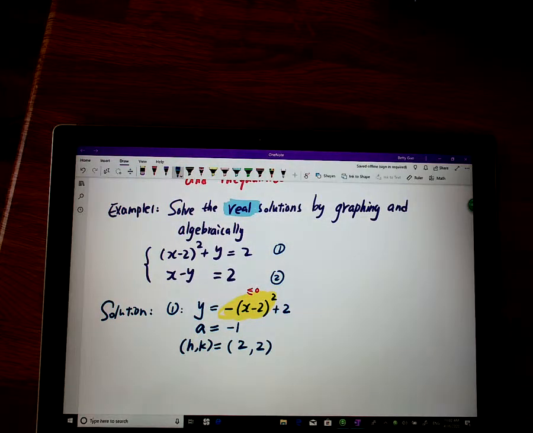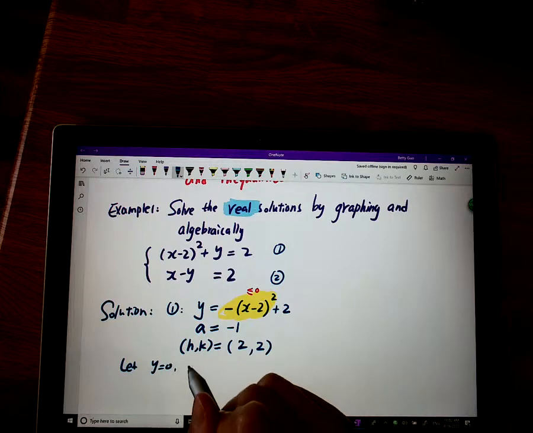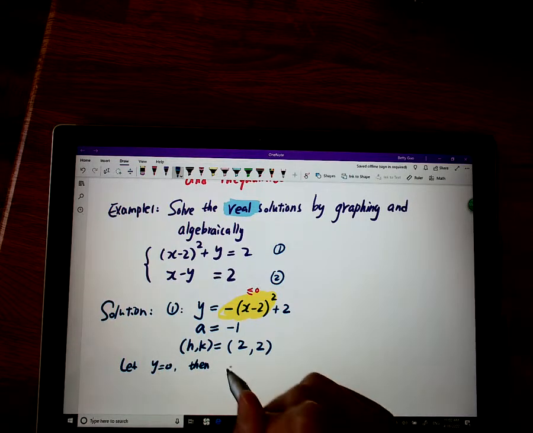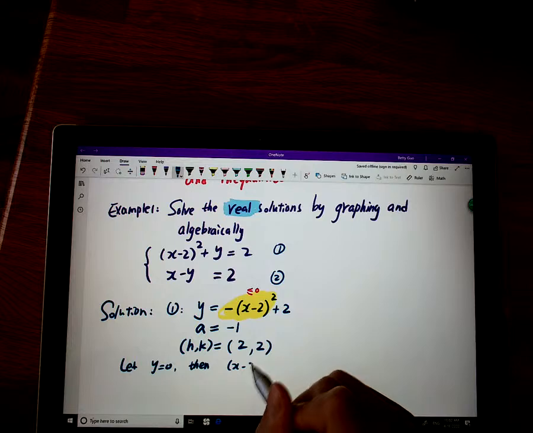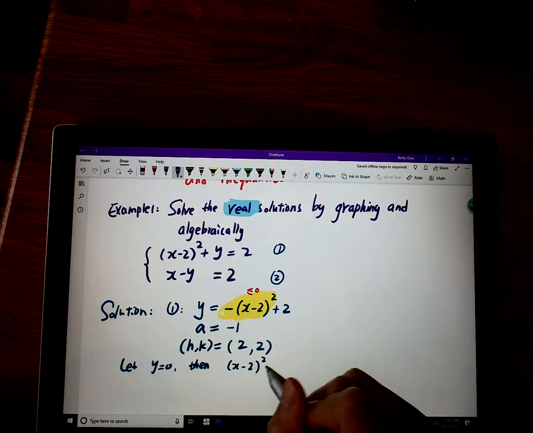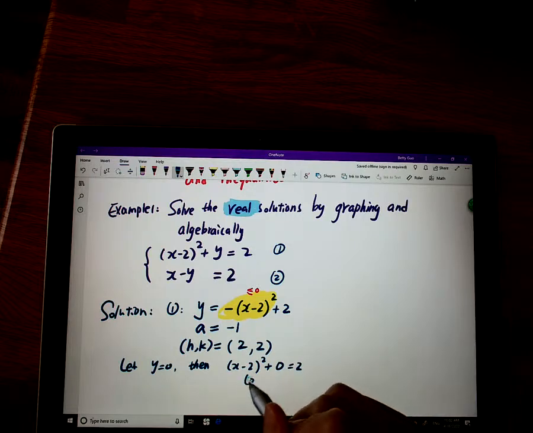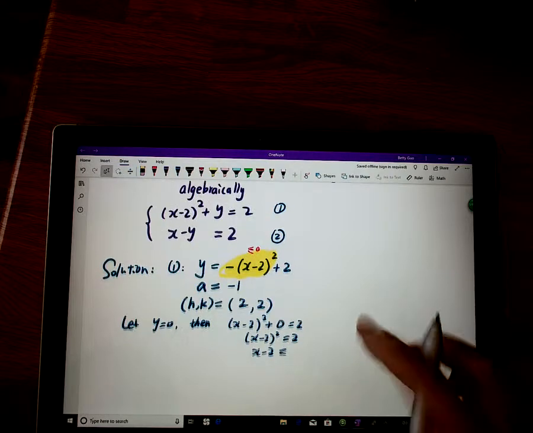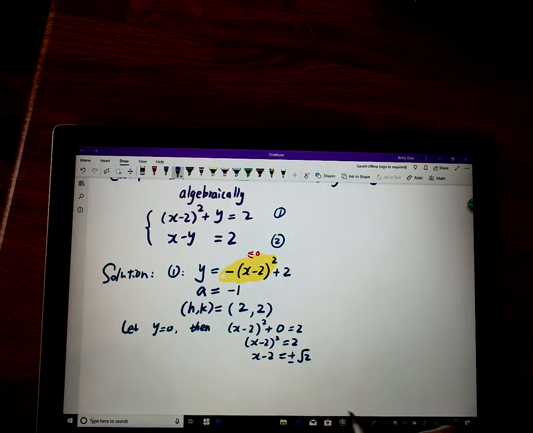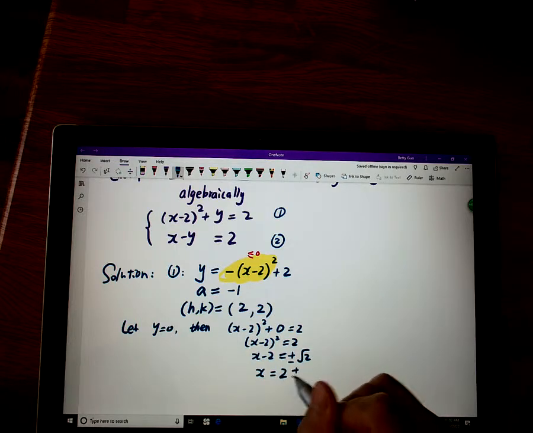Of course, if we want to graph the parabola even better, we want the x-intercepts and a y-intercept. So we let y be 0. Then we have (x minus 2) to the power of 2 plus 0 equals 2. So we have (x minus 2) to the power of 2 equals 2. x minus 2 equals plus or minus square root of 2, which is about 1.414, and x equals 2 plus or minus root 2.